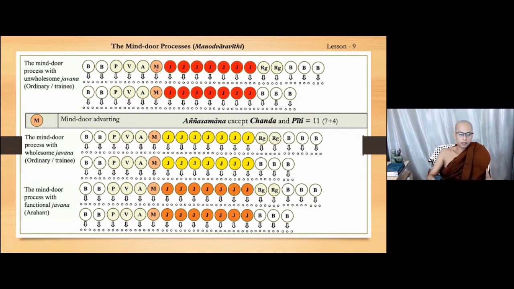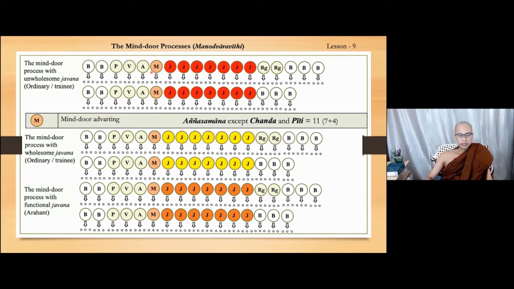Similarly, all the others, the ear consciousness, etc., are also very similar. You can have a similar understanding as with the nose consciousness. So the other process, the mind-door process, is much easier, because it has fewer types of consciousness here.